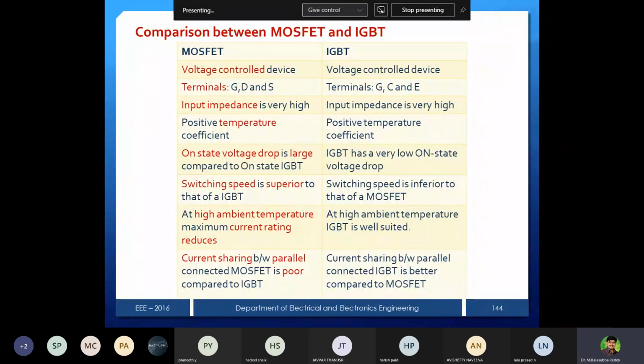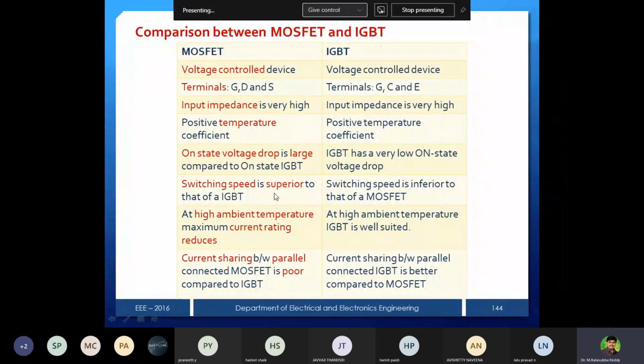On state voltage drop is large in the MOSFET. This is the problem we overcome in the IGBT, because in the MOSFET case the on state drop will be large, but on the output side we are using a BJT. That's why the IGBT has a very low on state voltage drop.